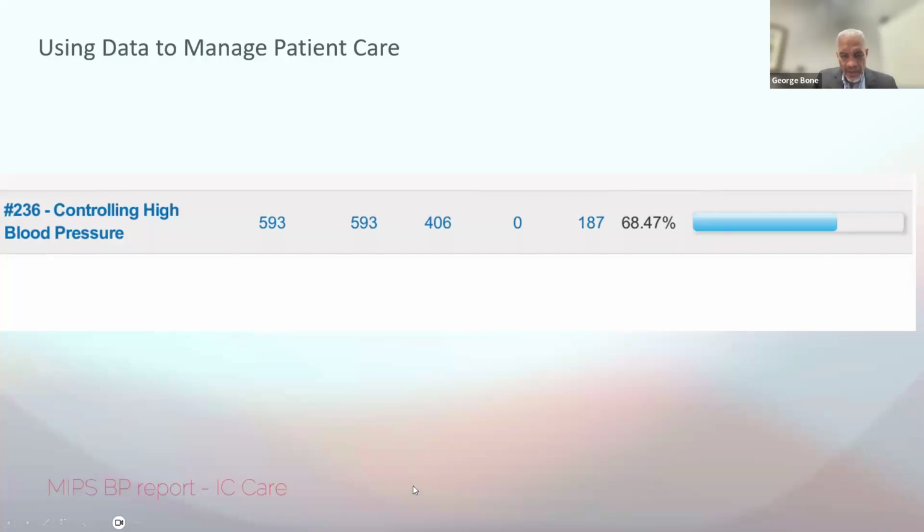When we look at our MIPS reporting, MIPS has us identified with 593 hypertensives. We were actually at 68% control, which again looks fairly well. Next slide.